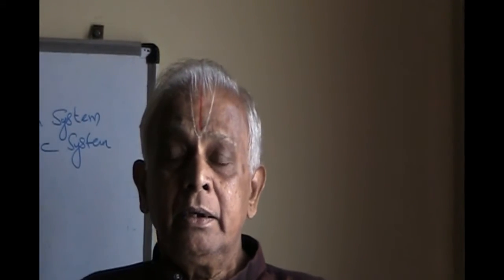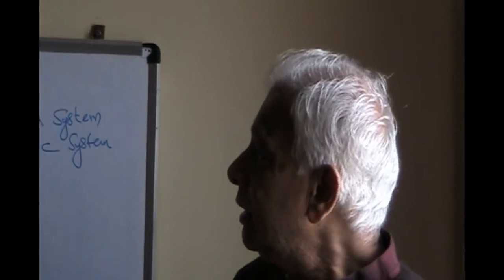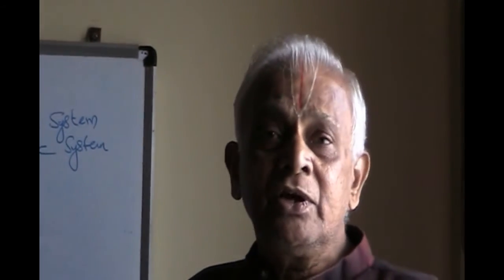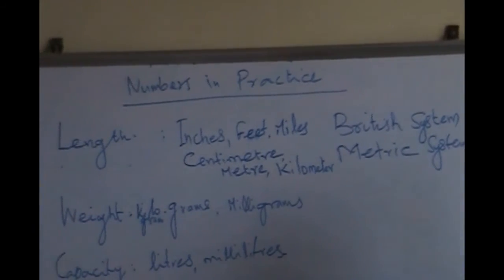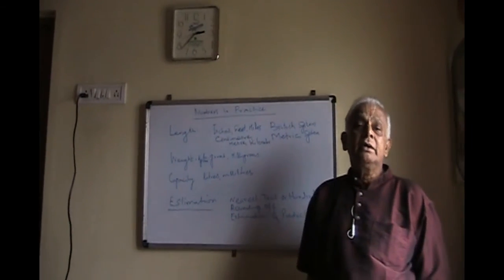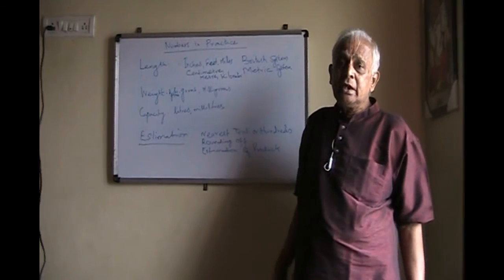This is how the system was born, and the system of length, weight and capacity is used in metric systems nowadays. This has come into play for current usages. We are going to see some of these now.